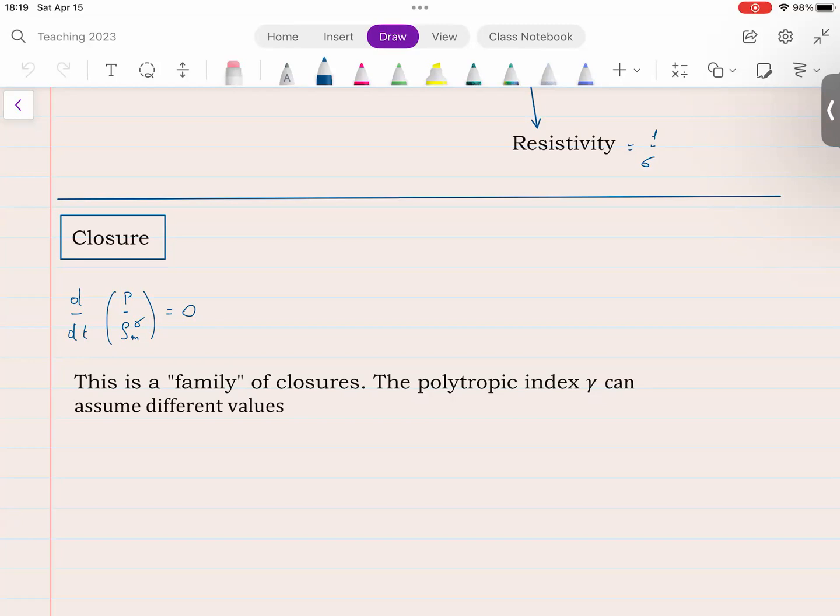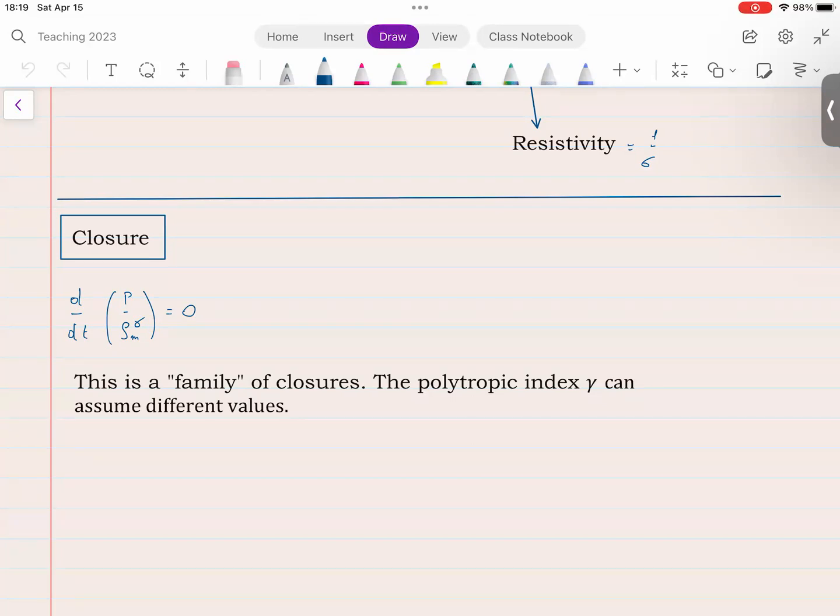And depending on the value that we take for gamma, we're going to have a different closure, but with some similarities among closures with the same value for gamma.